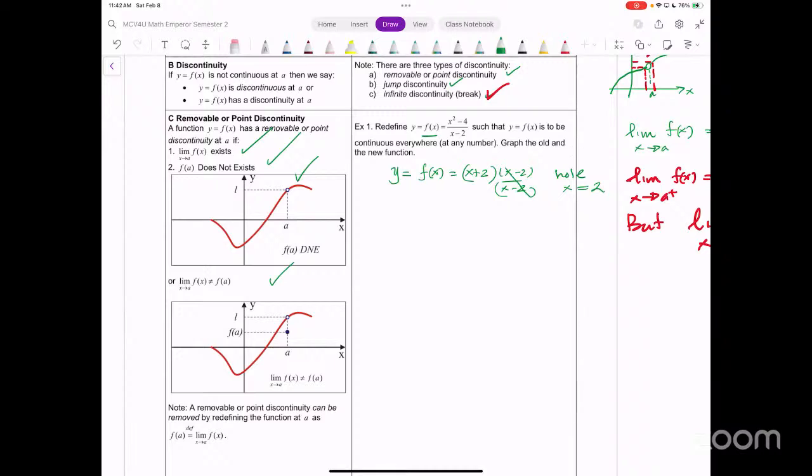The question is asking to redefine such that f of x is continuous everywhere. So how am I able to redefine? What can I do to redefine so it's continuous everywhere? I don't have a restriction imposed.